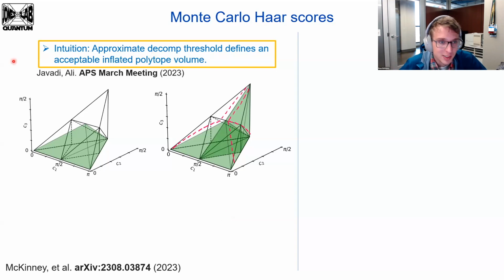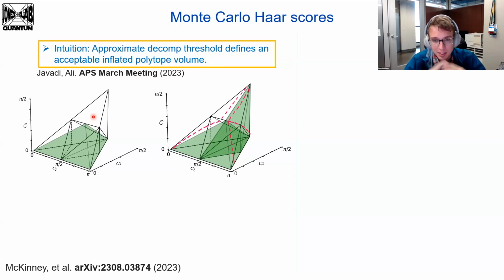And I really like this idea that was presented at March Meeting this year. Intuitively, the way you think of this is that if I'm allowing some approximation, you're inflating your coverages because I'm now having some wiggle room for something that's within my acceptable threshold of decomposition. So if it's close, but not quite contained, depending on how much approximation I'm enabling, I will inflate it and say, now it's covered by my approximate region.